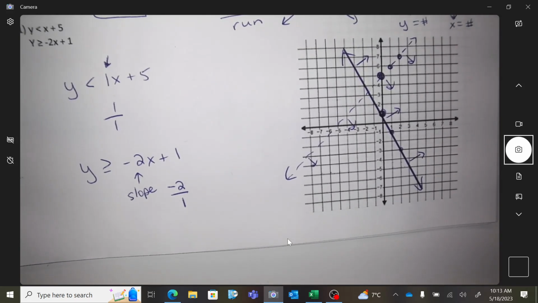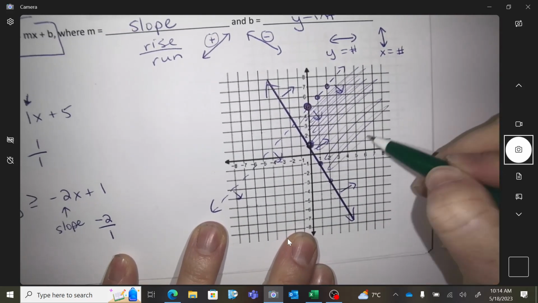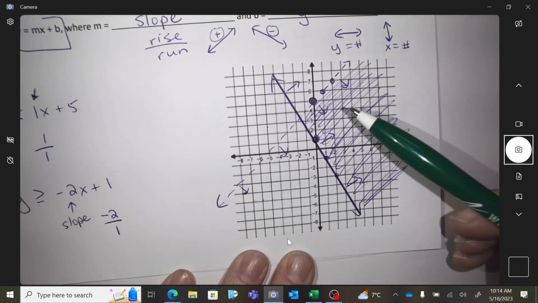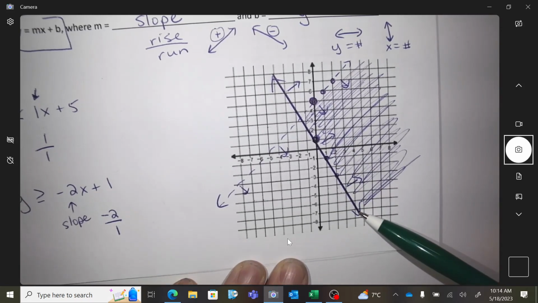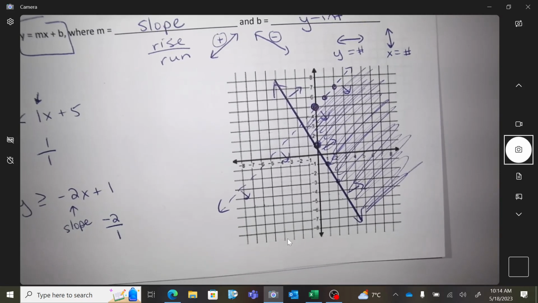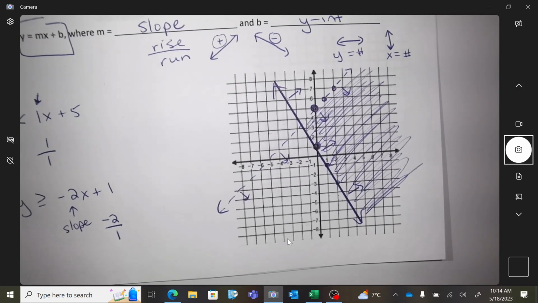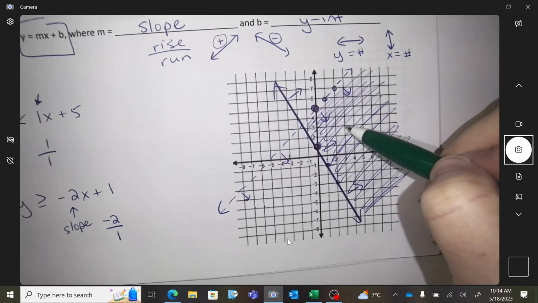So what are the coordinates that work? Anything in this zone. Anything in that zone or right here on the line would be a solution. So, can anybody name me a point that should work? Give me any coordinate. There are infinite answers here, but give me one coordinate that you would say is a solution. 3, 3. 3, 3 is a solution.